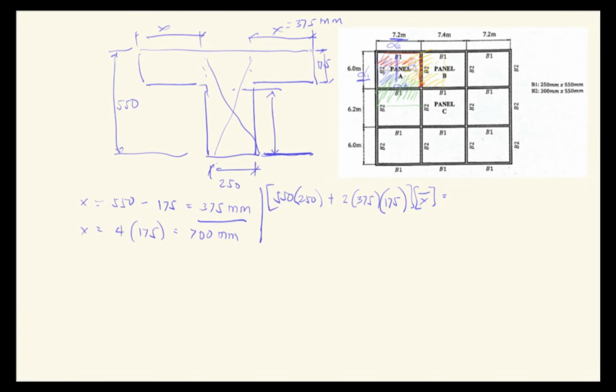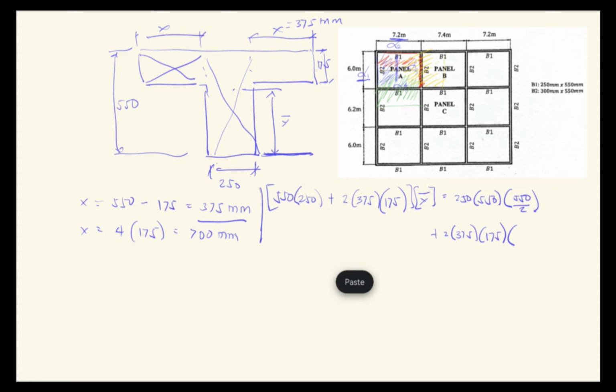And then we have 250 by 550. The centroid of the cross section in terms of the vertical axis would be half of 550. Okay, so plus twice of 375 and 175.